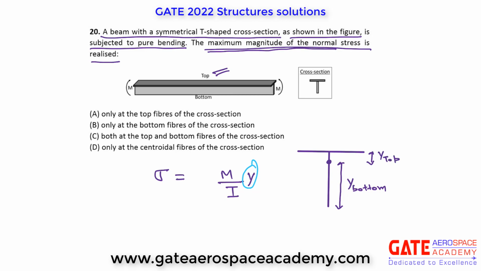So larger is the distance from centroid, more will be the bending stress, correct? So here bottom fiber is lying far away from the centroid. It means that maximum magnitude of normal stress will be at bottom fiber here. So option B, only at bottom fiber of the cross section, is correct.